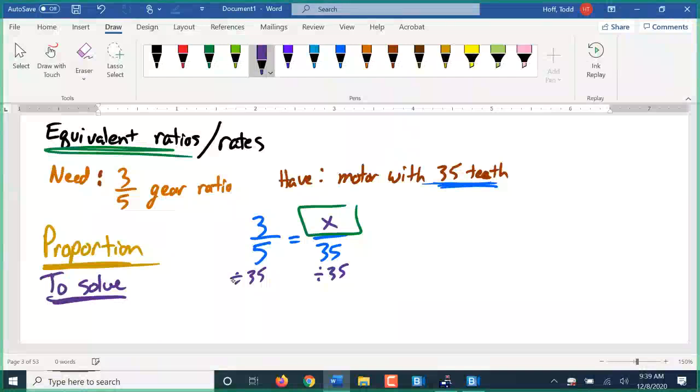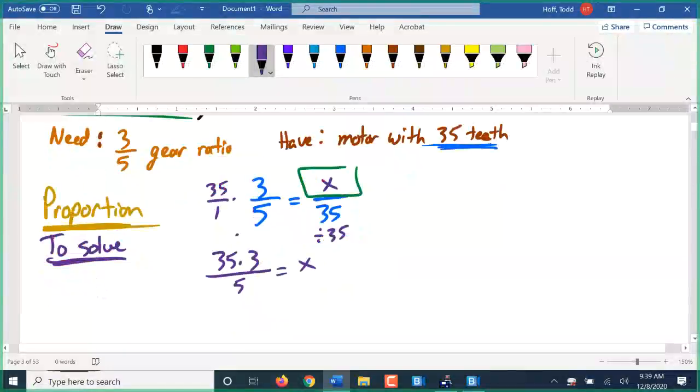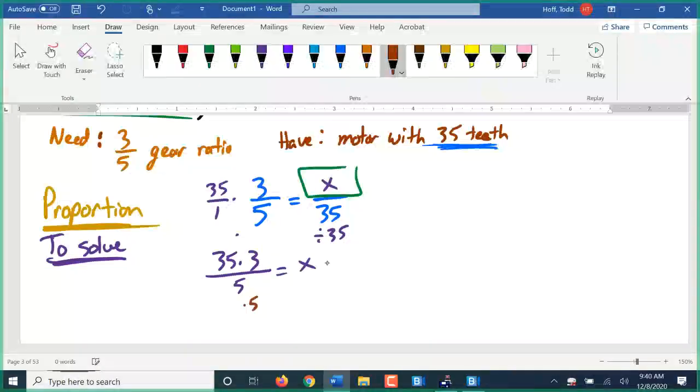And I would have 35 over 1 on the left side. 35 over 1 times that. So I'd have 35 times 3 here over 5 equals x. Right now, I'd calculate that out to solve it, but I could multiply by 5 on both sides right now to get rid of that fraction. And what I have here is 35 times 3 equals x times 5.